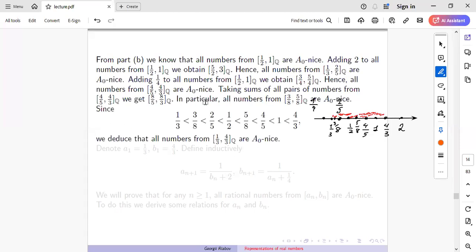Okay, once more. We were able to fill the gap because of these inequalities between A0 nice numbers. We extended the segment 1/2 to 1, but to the segment 1/3 to 4 over 3. And now the idea is to add 2 to all numbers from this segment.